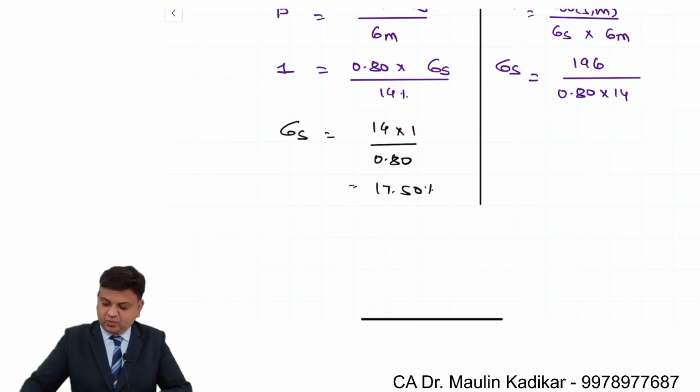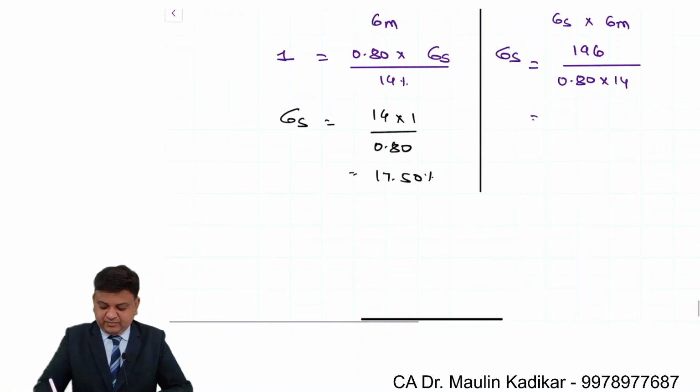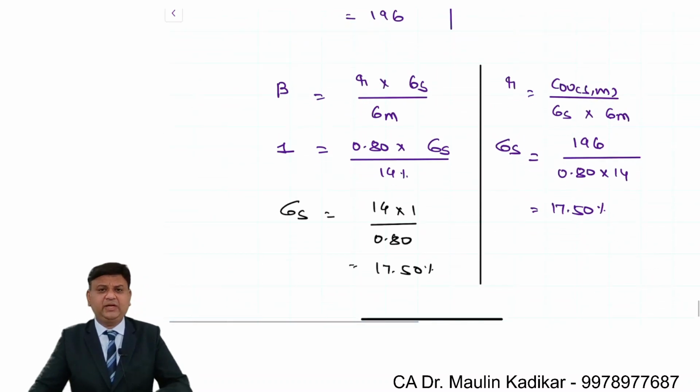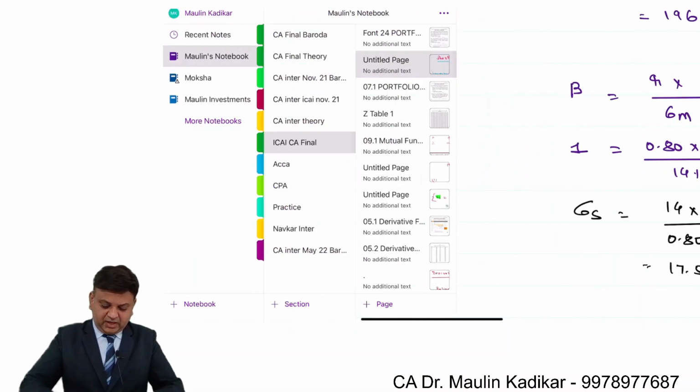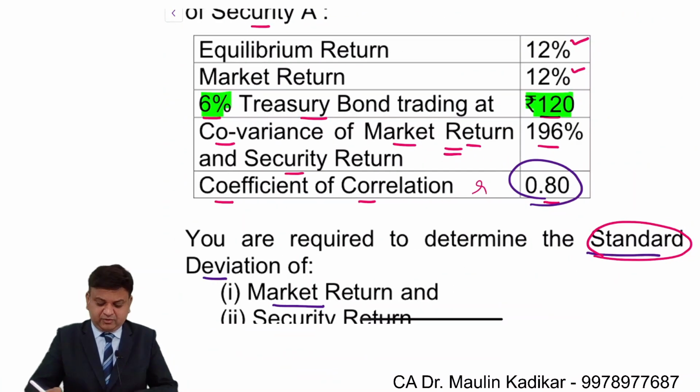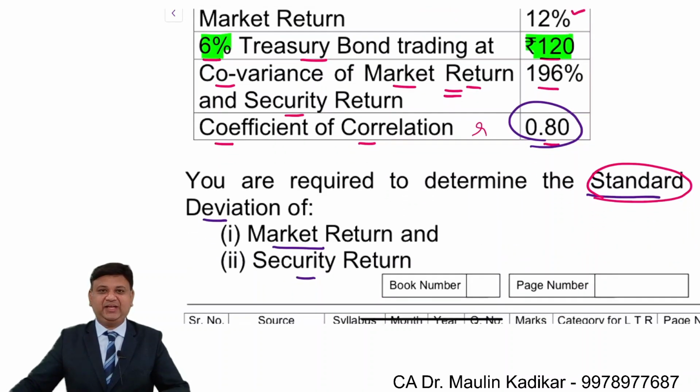So it is 196 divided by 0.8 divided by 14. That comes to again 17.5%. This is also the way you can compute the answer. And friends, just one more clarity: equilibrium return stands for the required rate of return from the security. So this is the way we can compute the answer.